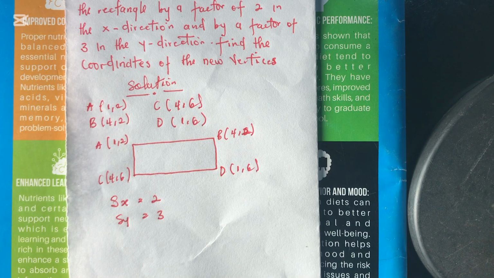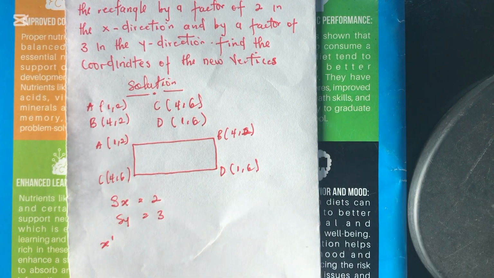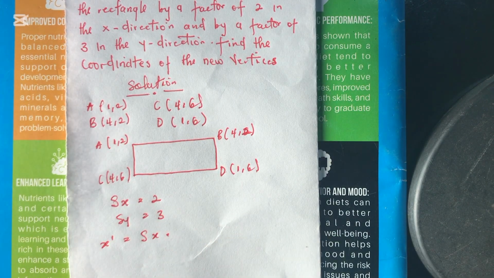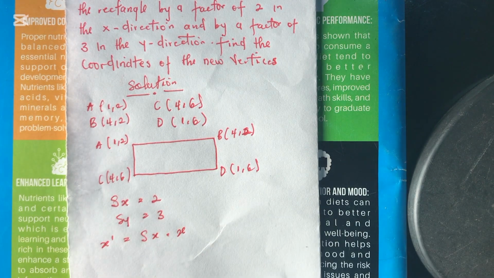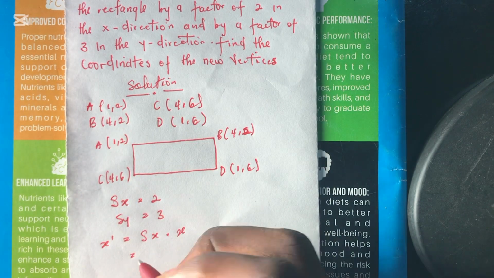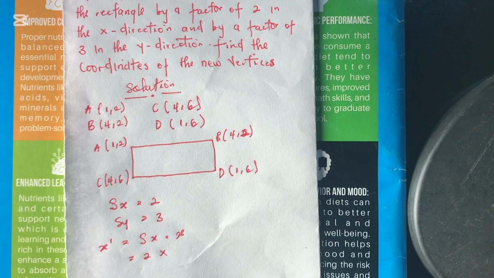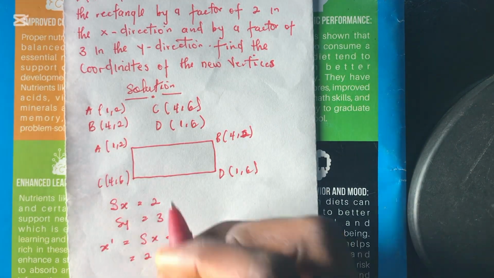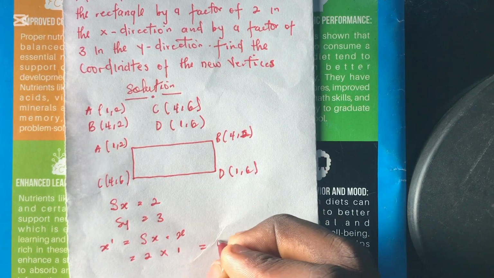scale in 2 dimensions, x prime is equal to the scale factor multiplied by the value of x. For point A, the scale factor is 2, multiplied by x, which is 1, giving 2.